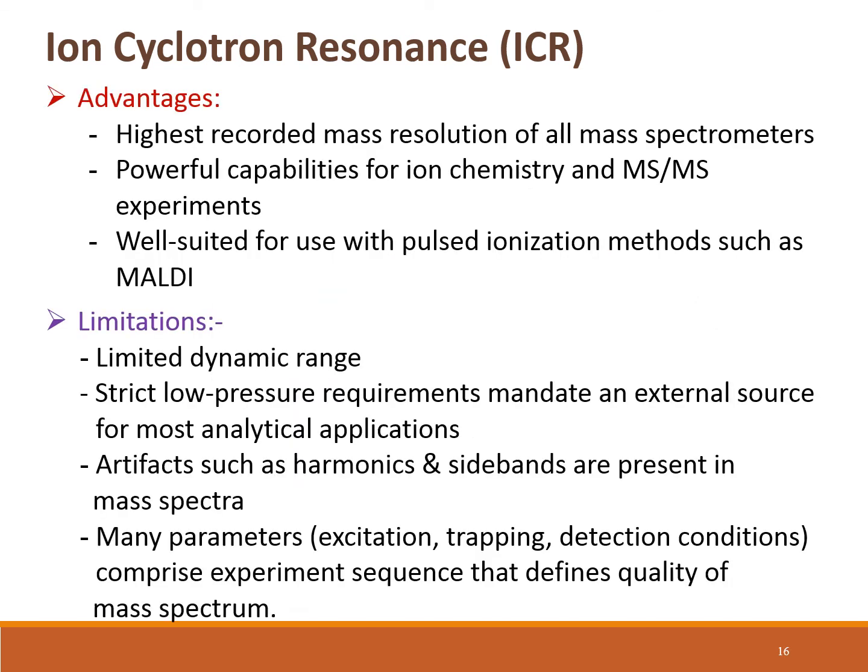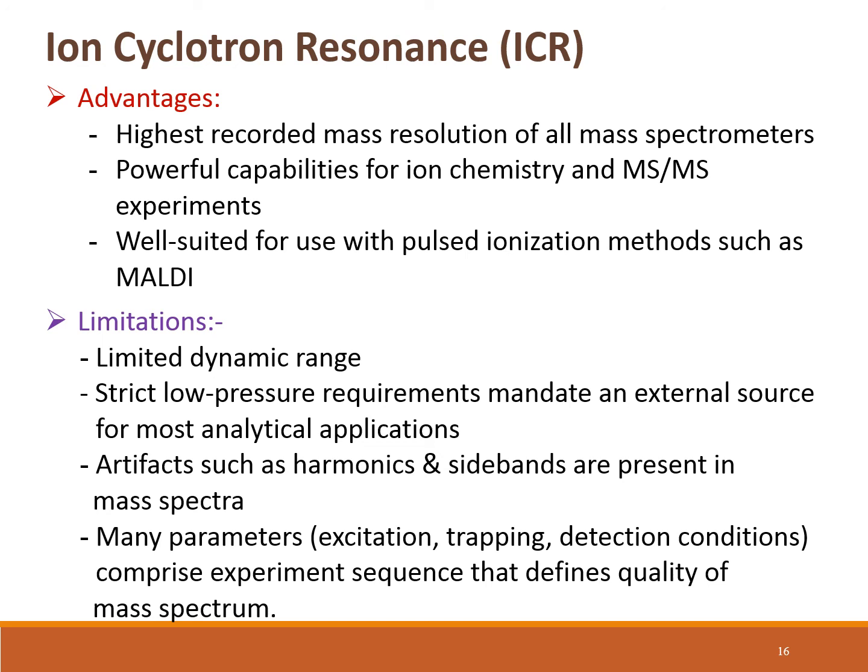The advantages of ion cyclotron resonance: the highest recorded mass resolution of all mass spectrometers, powerful capability for ion chemistry and MS/MS experiments, and well suited for use with pulsed ionization such as MALDI.